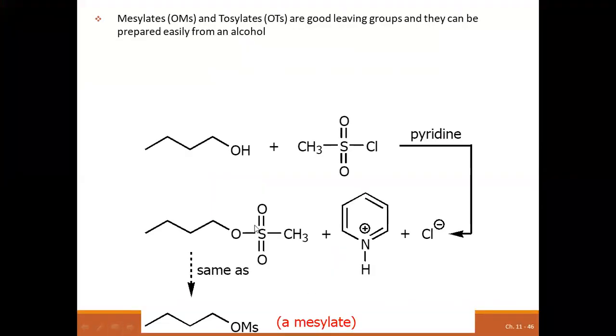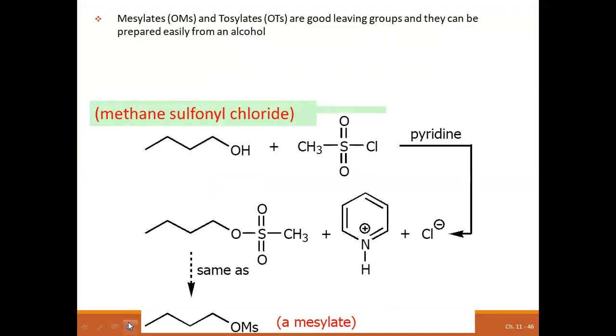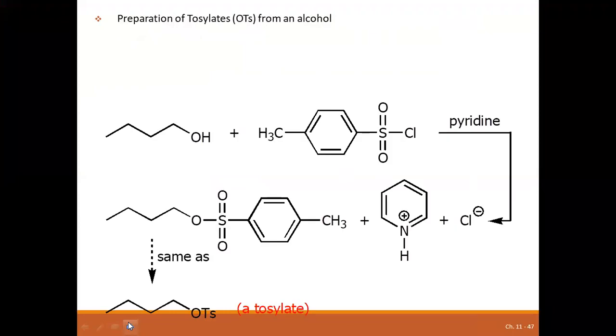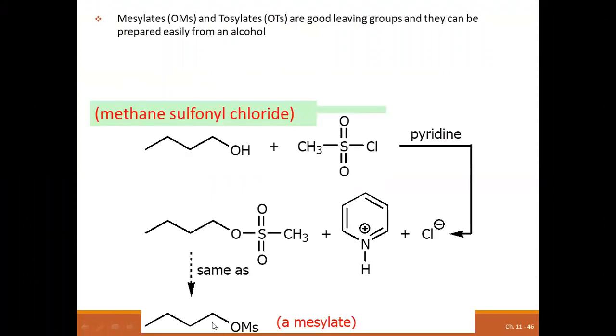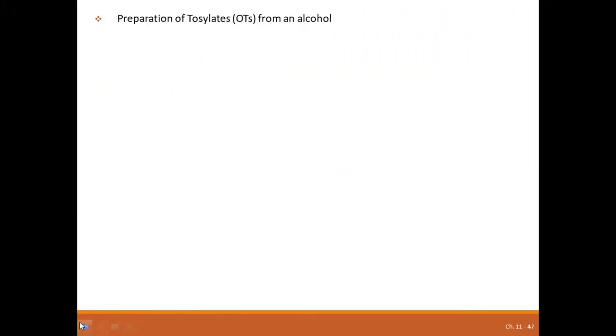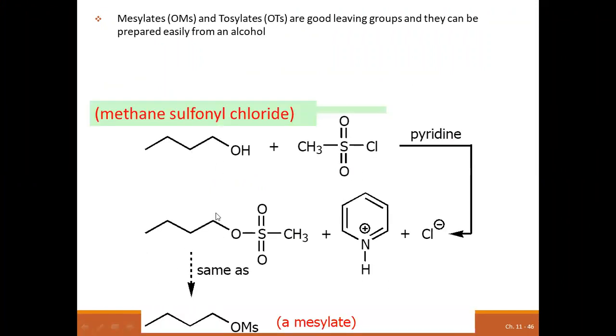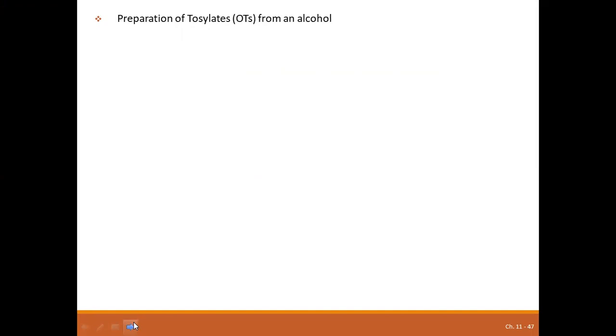So this one is OMs, your mesylate, SO2. Once you have this, it can easily leave and can easily substitute, or this one can easily be attacked with your chloride. Okay, and the same with mesylate.